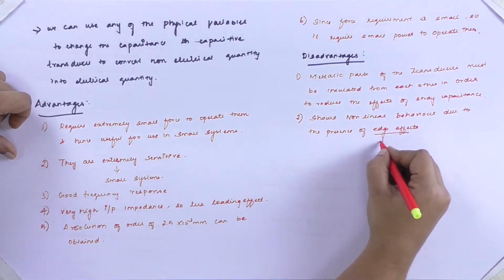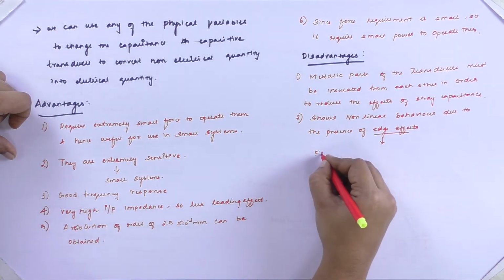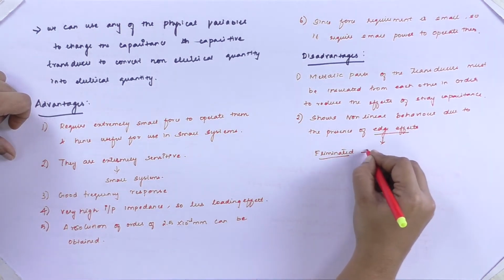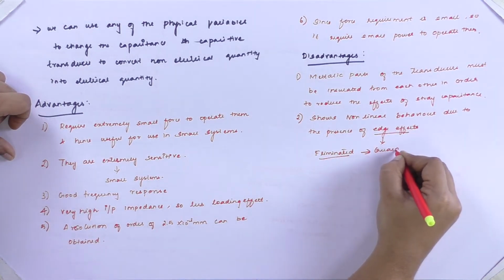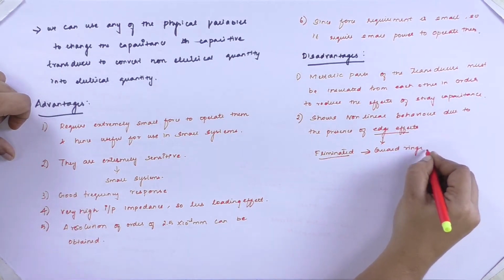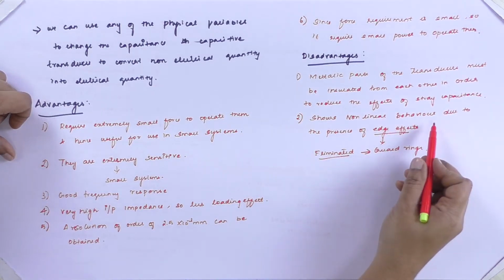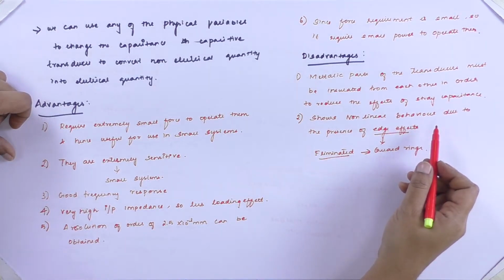So these edge effects can be eliminated by using guard rings. The guard rings will eliminate the edge effects, which are responsible for the non-linear behavior of the capacitive transducer.